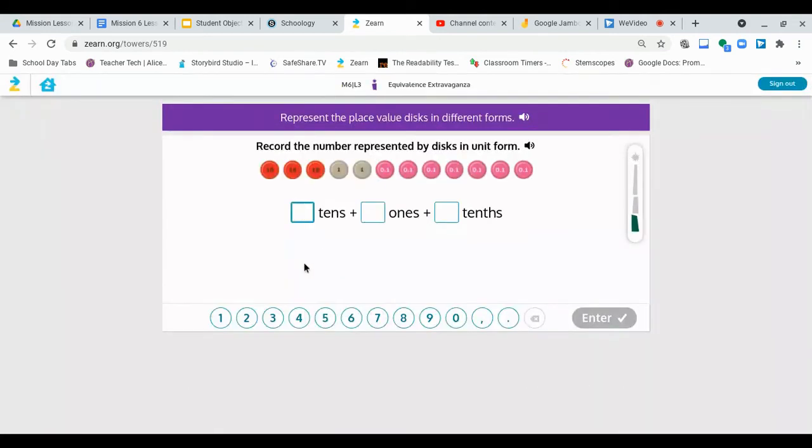That brain's awfully demanding. Now we're going to represent the place value discs in different forms. So it asks us to record the number represented by discs in unit form. Notice I have tens here, I have ones, and I have tenths, and they're all represented by these place value discs.